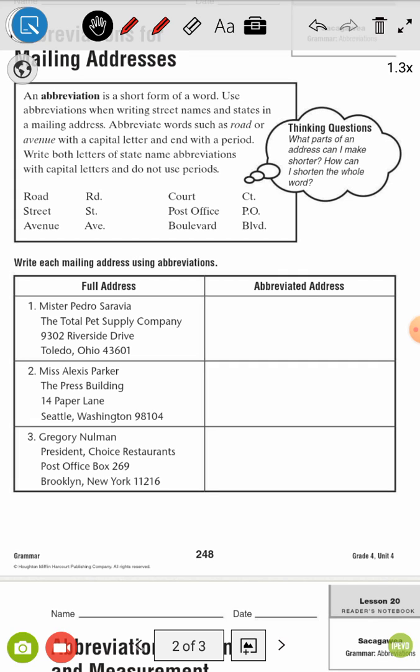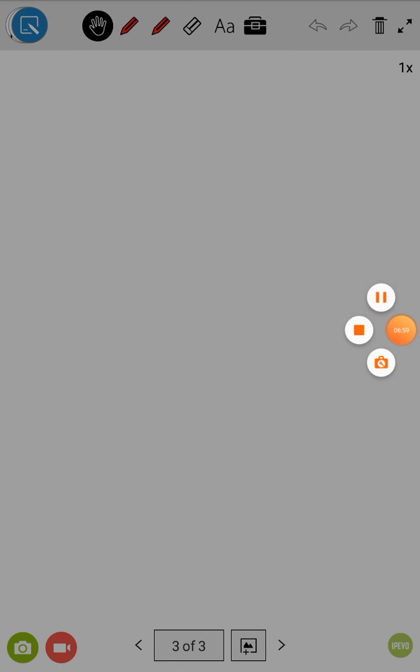Number one is Mr. Pedro Saravia, the Total Pet Supply Company, 9302 Riverside Drive, Toledo, Ohio 43601. Let's try to write down this address in abbreviated form, but we don't have much space in the box to the left. So let's open another page. On another page, we'll come to know how to do it.